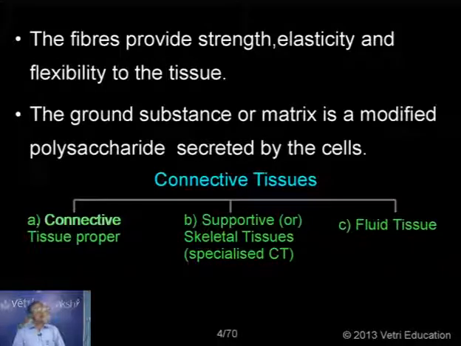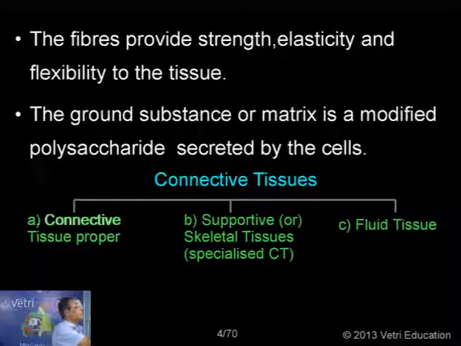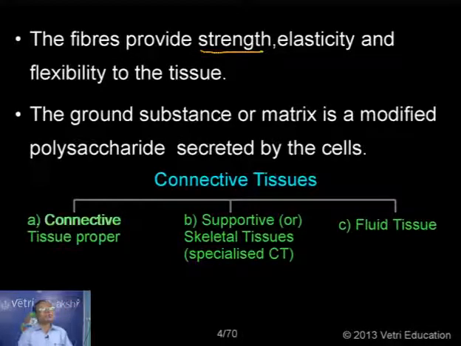Now what is the role of the fibers? I mentioned already, they provide strength, elasticity and flexibility. The elastic fibers are highly flexible. The collagen fibers normally provide strength, and are inelastic in nature. So the elastic fibers provide elasticity and flexibility, and the collagen fibers provide strength.